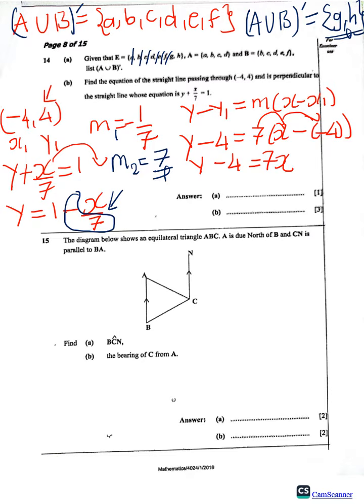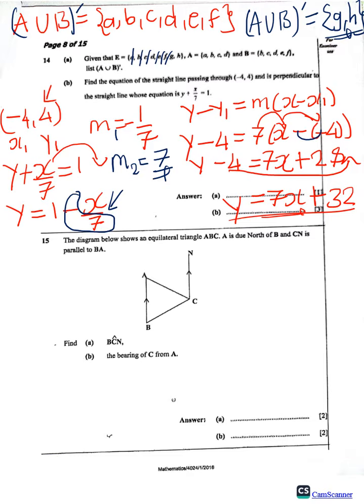Now we can see that we have a negative multiplied by this negative, so our answer here is going to be positive, then 7 times 4 is 28. Then from there, we are going to shift this negative 4 to the other side, giving us y is equal to 7x plus 28. Since the negative 4 will have a positive sign, we say 28 plus 4, that is 32. So this is the solution for part B.